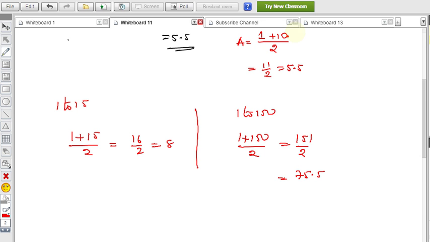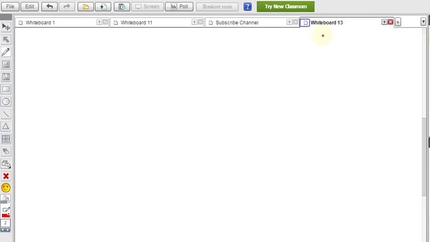And not only natural numbers, next one, they may ask for even numbers and odd numbers also.